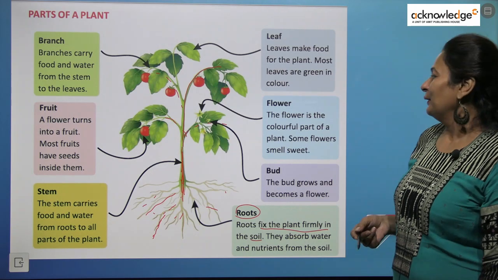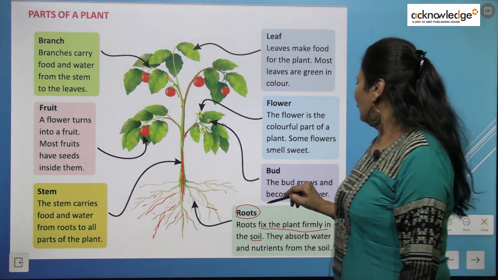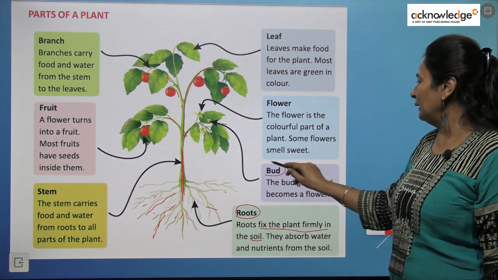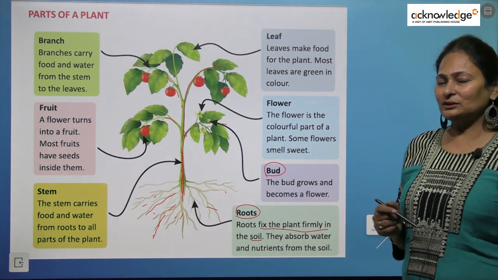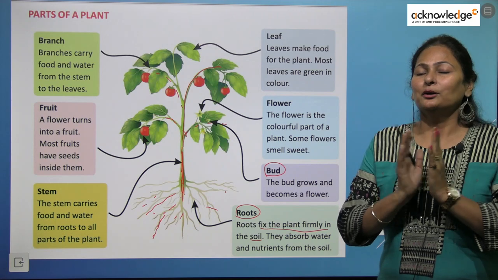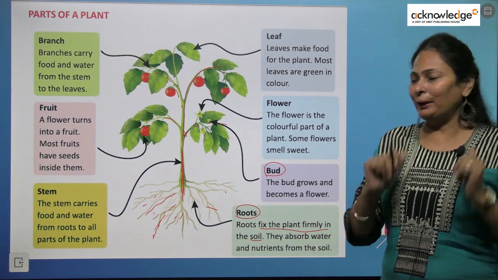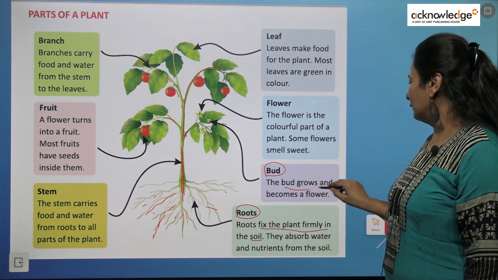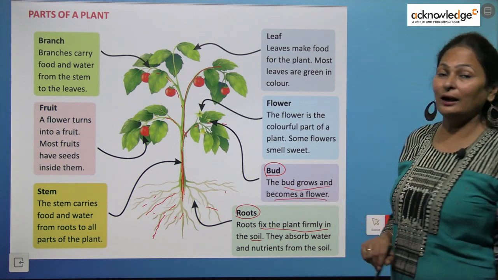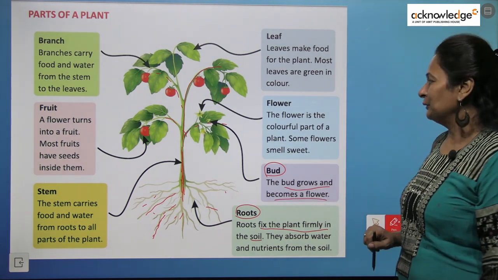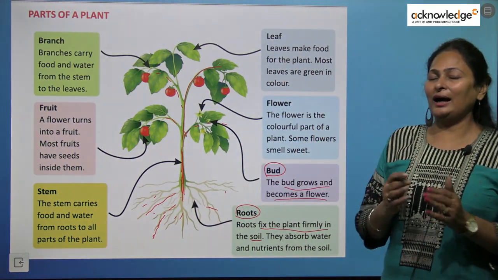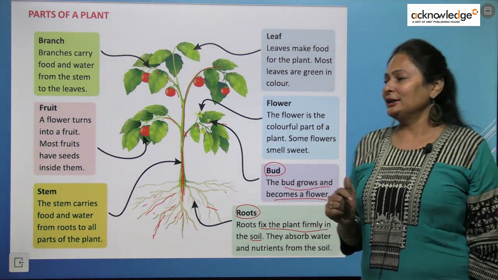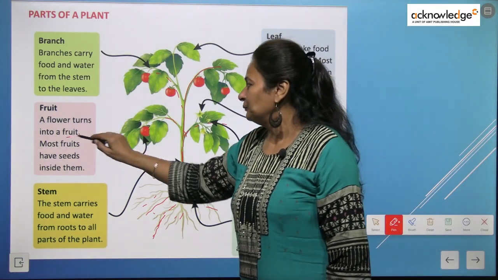Yes kids. The next is bud. What is bud? Bud is a small structure. A flower blooms with the bud only, right? Bud grows and becomes a flower. Next is fruit. Some flowers turn into fruits, right?